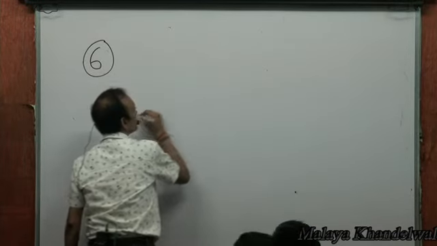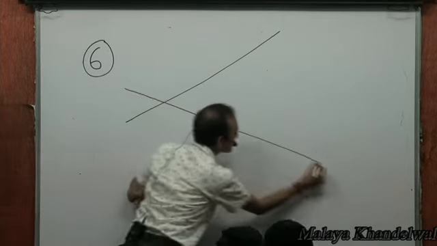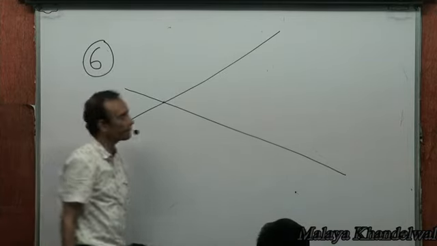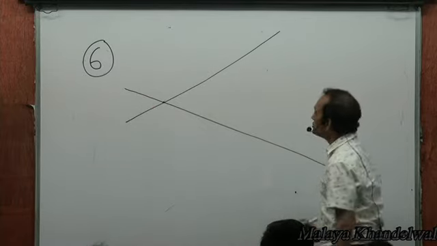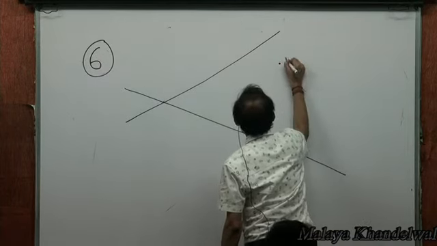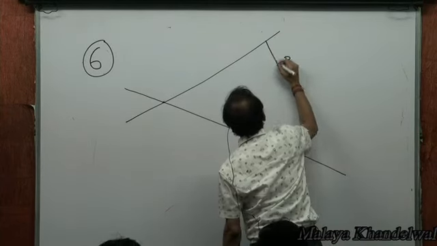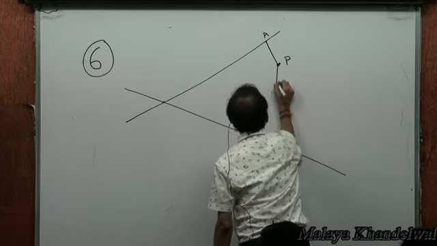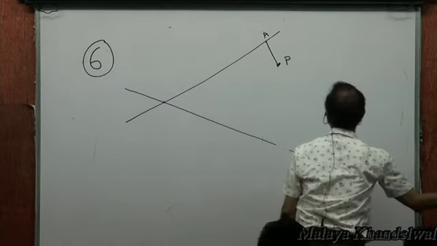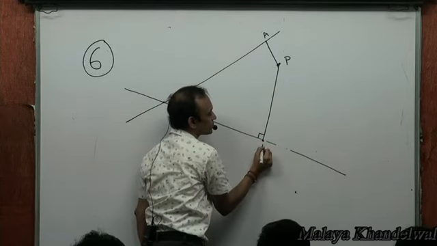So I have essentially a straight line like this, and a straight line like this. These are two lines. They intersect and they are not perpendicular to each other. And there is a moving point P, such that PA squared plus PB squared is a constant.